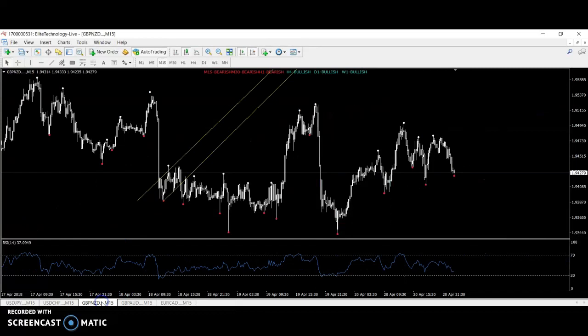Moving on to the next pattern, we're going to take a look at one more flag formation. This one, again, the three-wave push up, should extend to the 100 level typically. This one hits the 61.8 level. So again, that is fine.